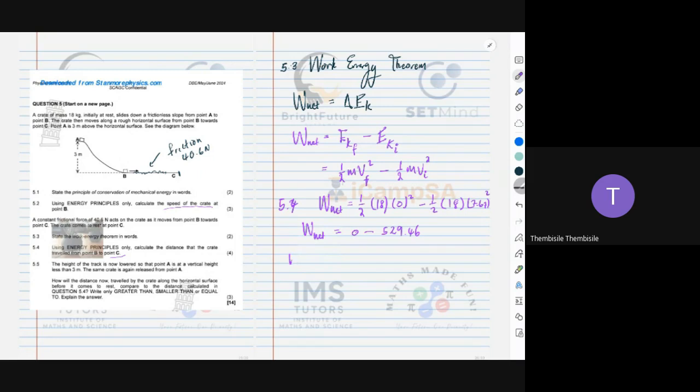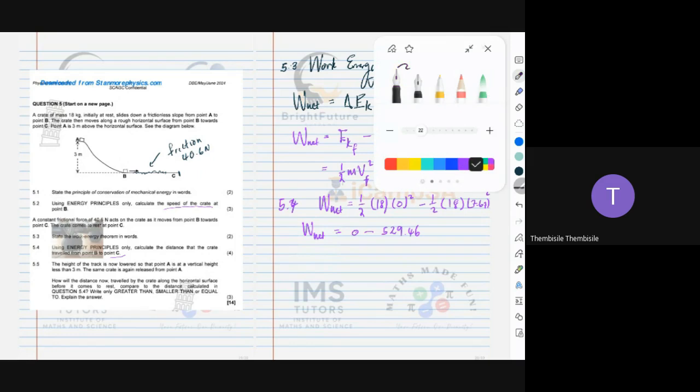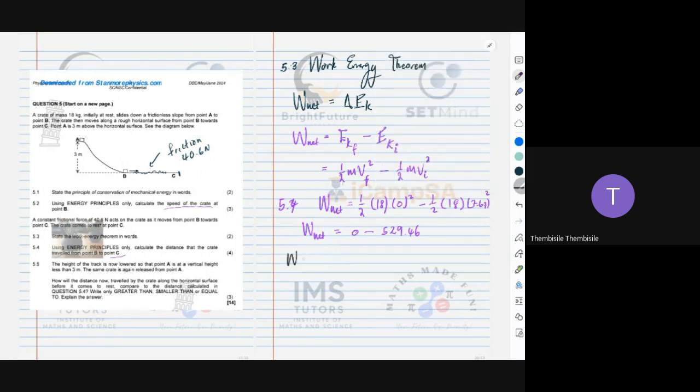So that means the work done by friction equals the frictional force, the displacement, cos theta. This is going to be equal to work net because it's the only force.